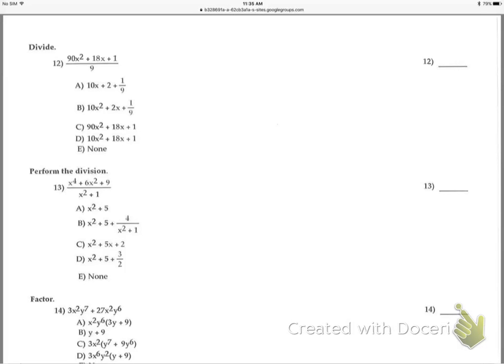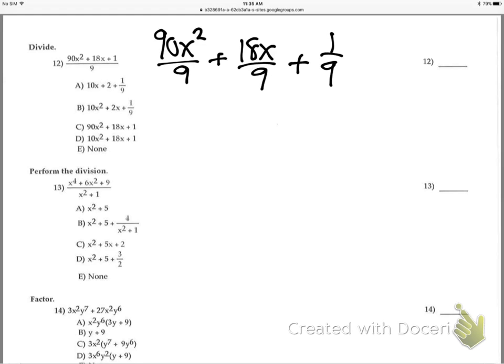All right, number 12. Do you know how to do number 12? Try number 12 there. Do you know you make it 3 separate divisions like that?